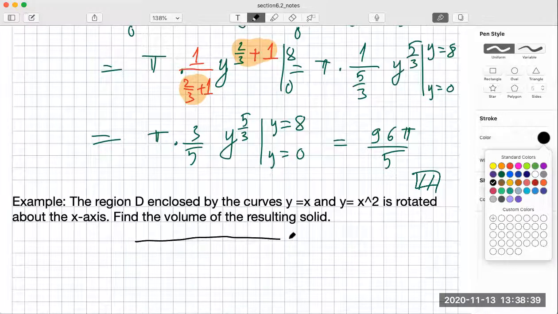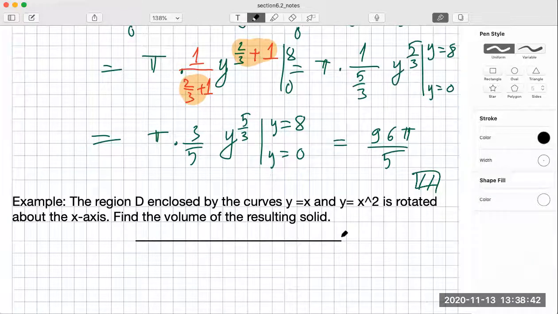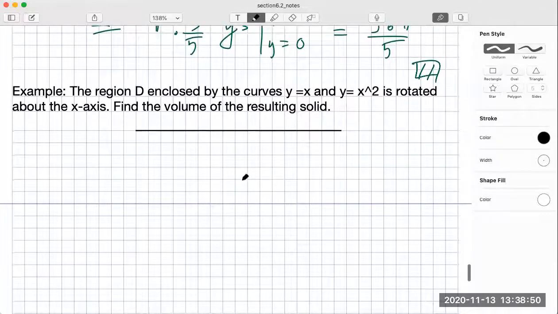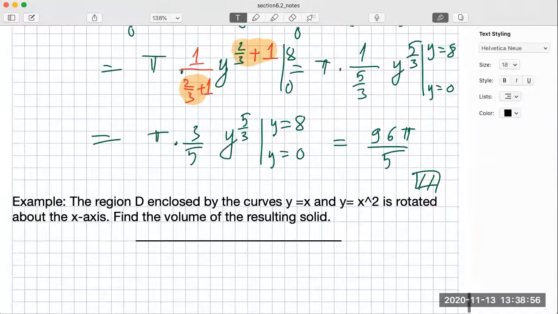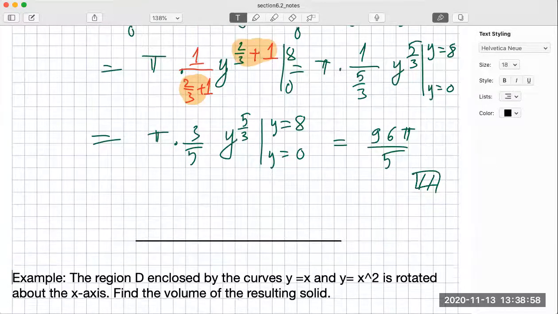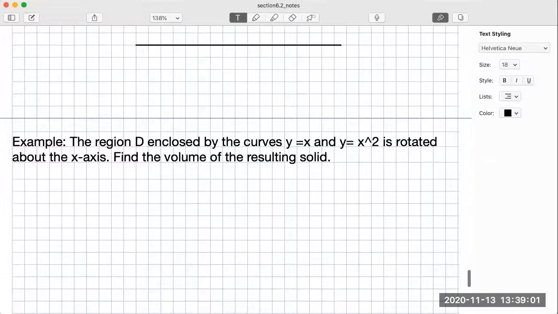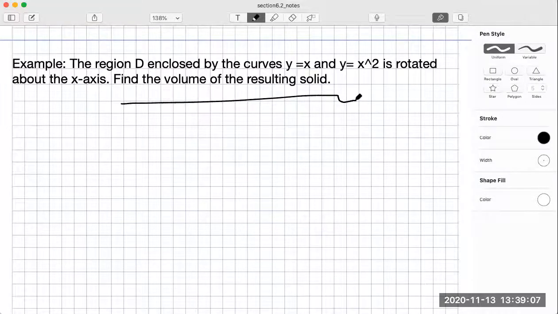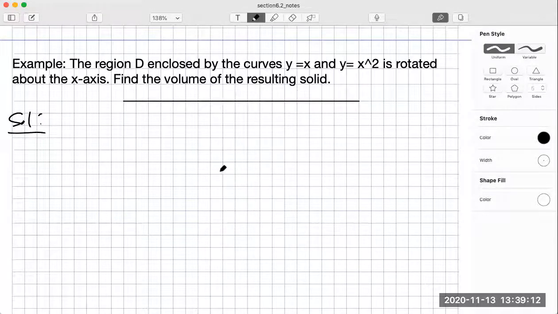Again, reading this question, we have no idea, right? We need to graph these curves and see how it looks. First, we draw the curve y equal to x.